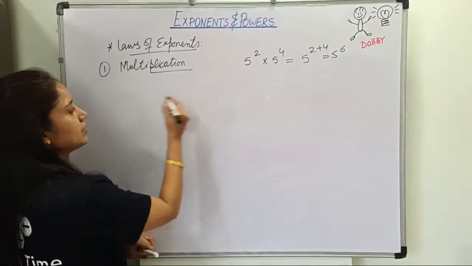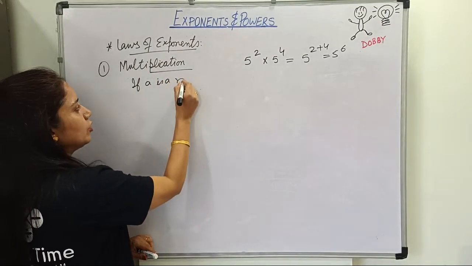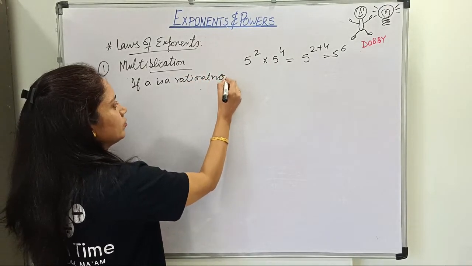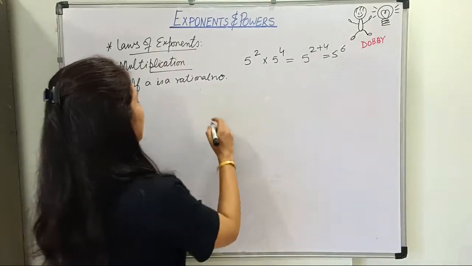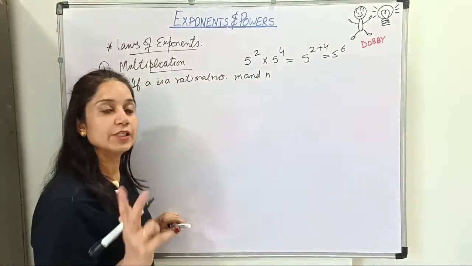So let us generalize it. If A is a rational number, you are having a rational number A, and M and N are two natural numbers.